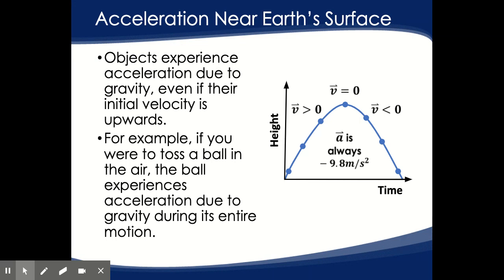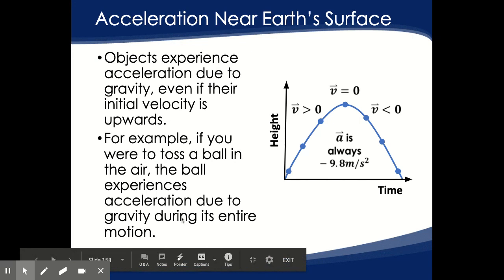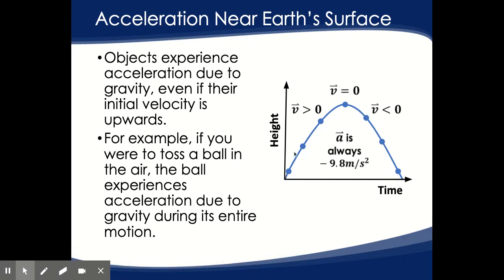So for another example, objects experience acceleration due to gravity even when their initial velocity is upwards. Example, if you toss a ball in the air, the ball experiences gravity the whole time, right? Gravity doesn't just stop. So if you have tossed something up in the air, acceleration is always going to be negative 9.8 meters per second squared.